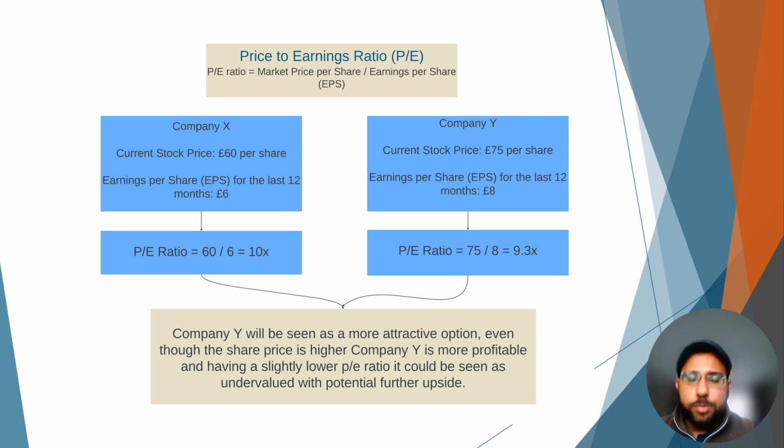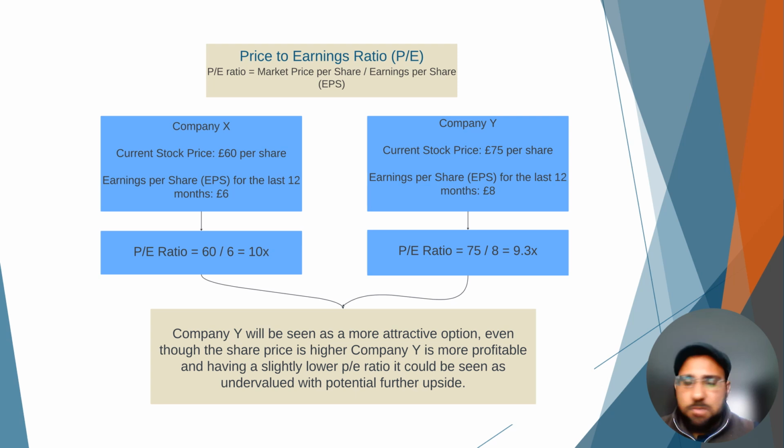Now, I'll be brutally honest with you, obviously higher is naturally seen as that bit more desirable, but they are very close within their P ratio, literally 0.7. Many could argue company X would be the one to go for, but ideally company Y would be the more attractive, even though the share price is higher. Company Y is more profitable, and even though having a smaller P ratio, the earnings per share is that bit more attractive.